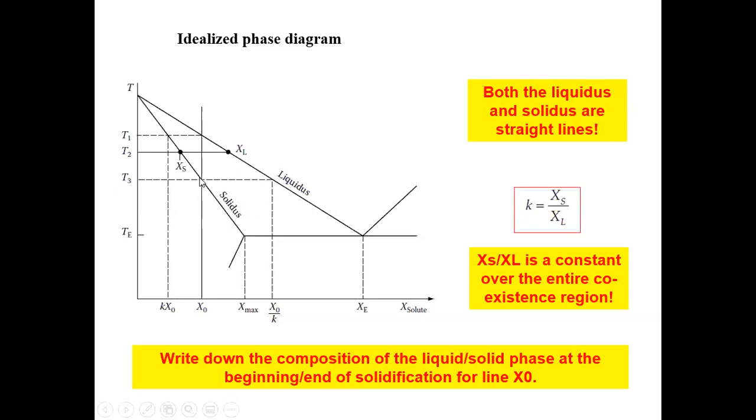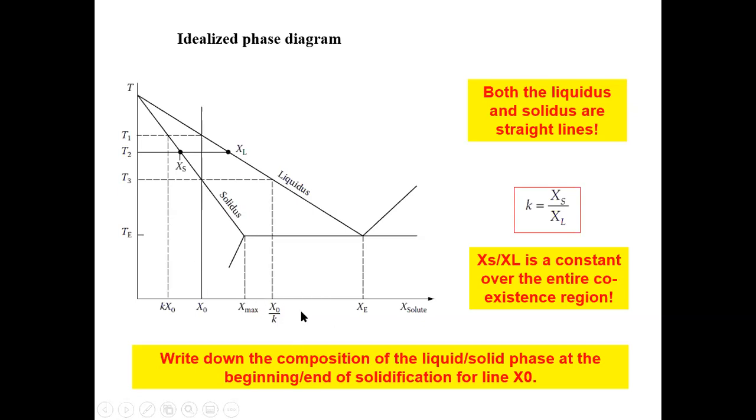So this is the convenience that we get. The next thing we can do is consider the end point of the solidification, which is right here. At this point, the solid composition is approaching X naught. What is the composition of the remaining tiny amount of liquid? Again, because we have this ratio, if your solid composition is X naught, the liquid composition is simply X naught divided by K, so it's X naught over K, which is this one.